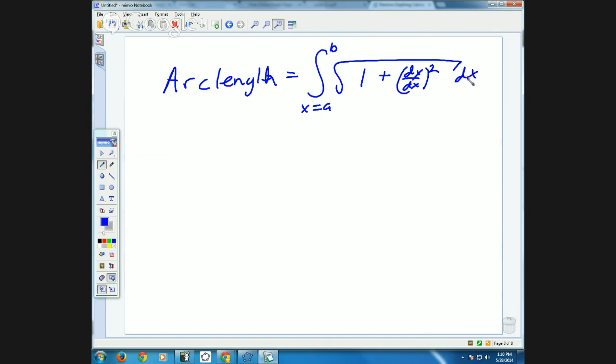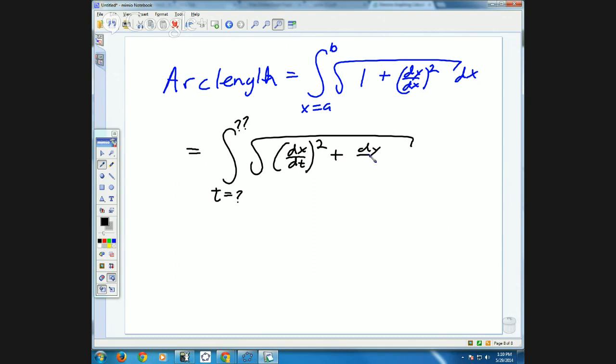And we came up with a parametric version of that, which was the integral as t goes from some number to some number, of the square root of dx dt squared plus dy dt squared, dt.